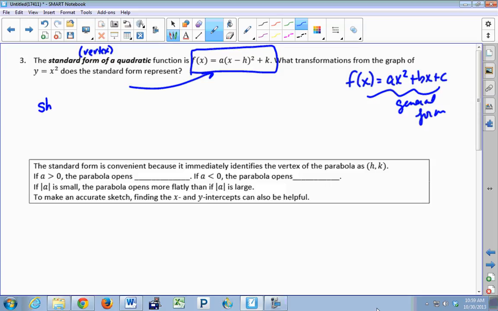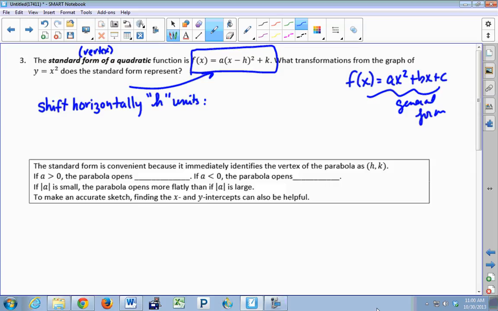Okay, so we know there's going to be a shift horizontally, and I'm going to tell you why I'm not going to say to the right. Shift horizontally h units. So why am I not totally agreeing? I'm doing a little bit of editing of what Logan said. Why am I doing a little editing, Ben? Yeah, if h is negative, that becomes x plus h, right?